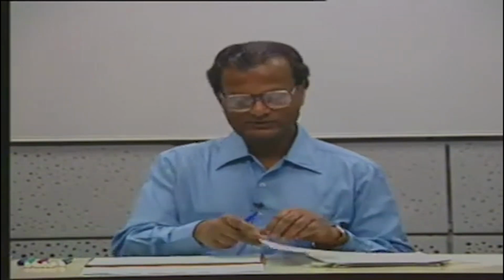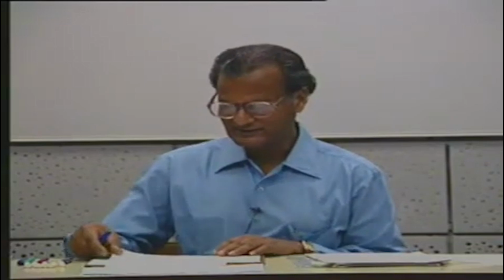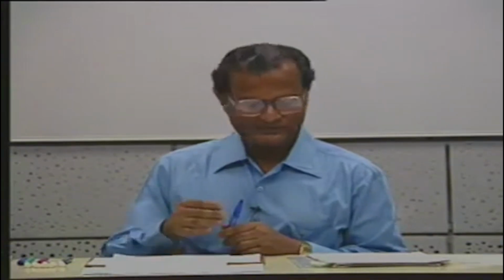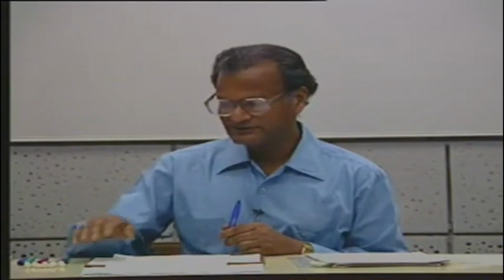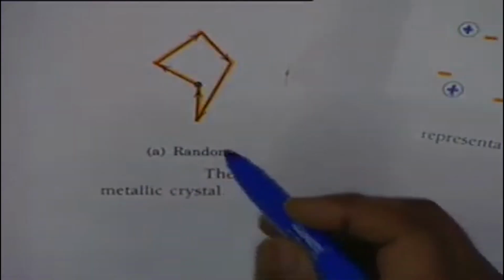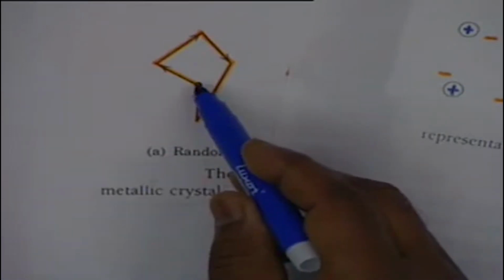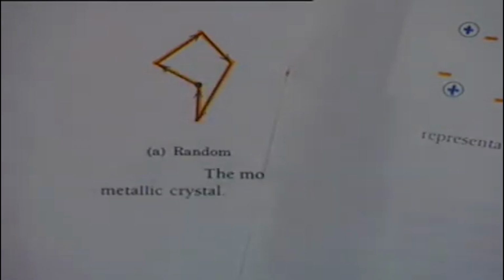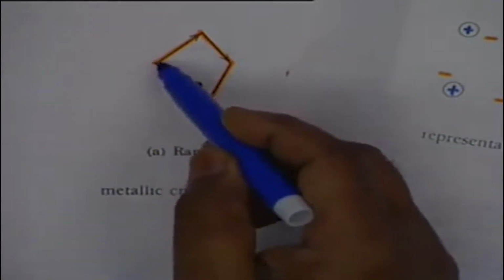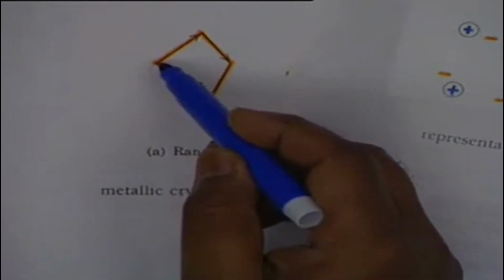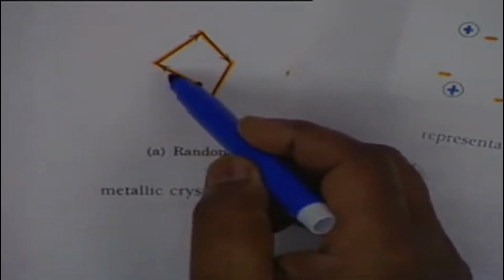All right. So the situation is like this. In absence of an electric field, that is, normally, if this is the position of an electron, it moves a certain distance before it encounters a vibrating ion. It encounters a vibrating ion here, and it loses its energy.